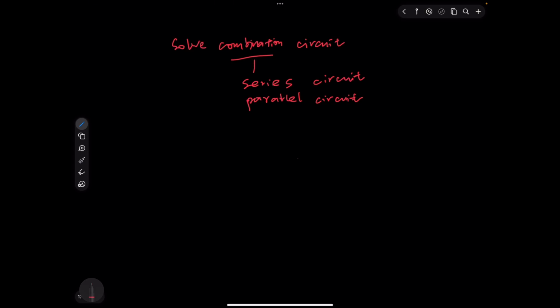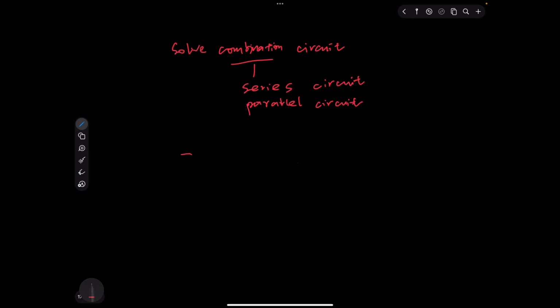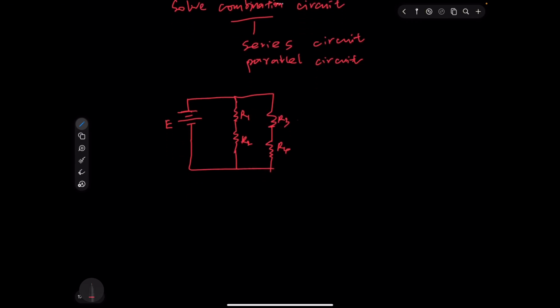So if we have a circuit that looks like this, we have one resistor here, another resistor here, and another branch of resistors. So I say it's the E, R1, R2, R3, R4, and the current for this is IT.